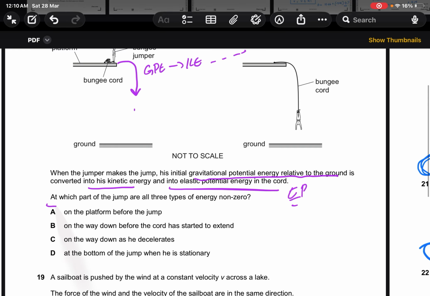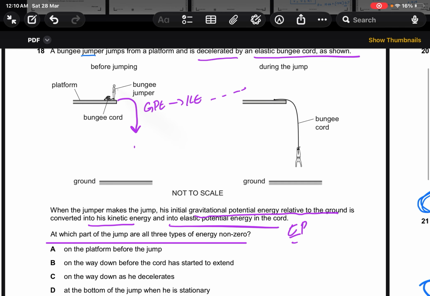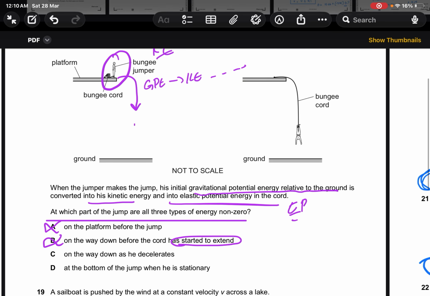At which part of the jump are all three types of energy non-zero? On the platform before the jump: obviously your kinetic energy is zero because the man is not moving. So cross. On the way down before the cord has started to extend, the cord is not extended, so his elastic potential energy is zero. On the way down as he decelerates, that is correct, because he's moving, so he has kinetic energy.